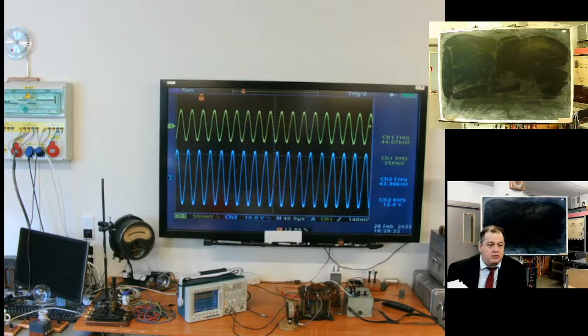Okay, no problem. By transients, you mean the variable capacitors? No. When we switch something on or off, transient regimes.